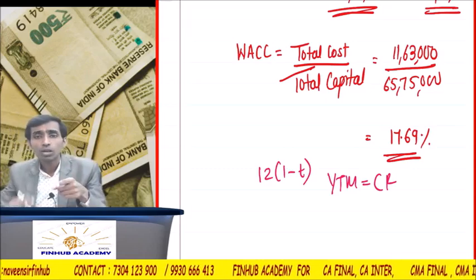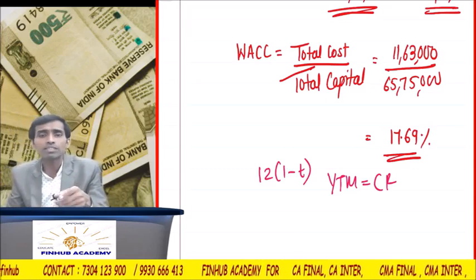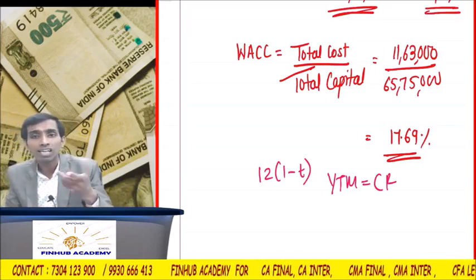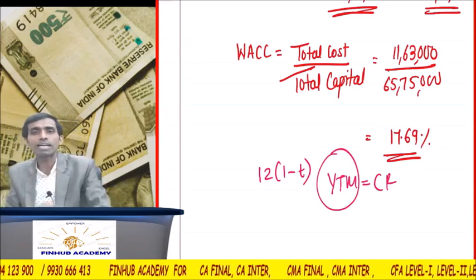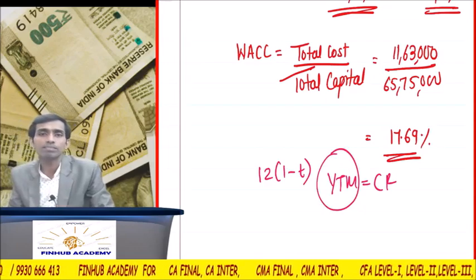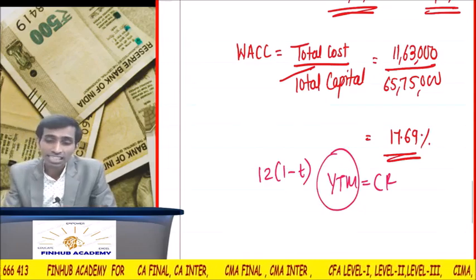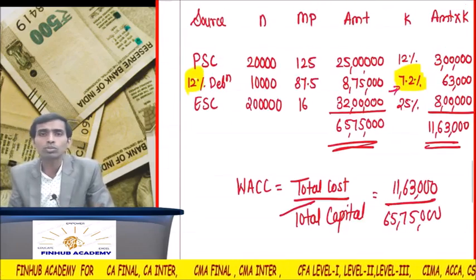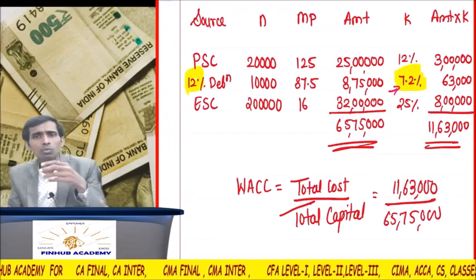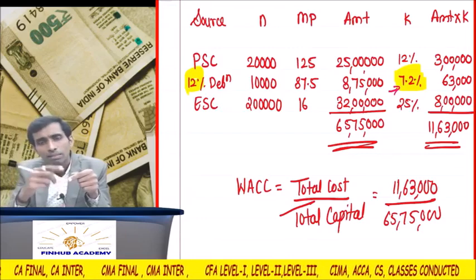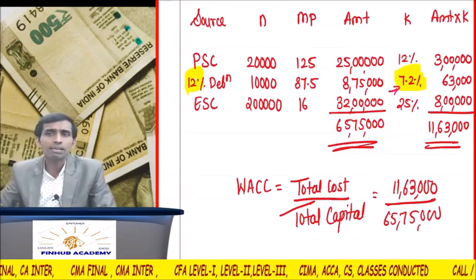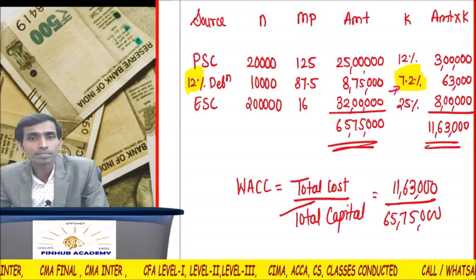Please understand, coupon is different and YTM is different. Till this point, wherever I couldn't find the YTM, I assumed that coupon rate itself is YTM. That is the KD. But here in this question, 7.2 is separately given. Understood? One more argument: 12% is before tax. They might have deducted the tax and then given this. Is it clear?